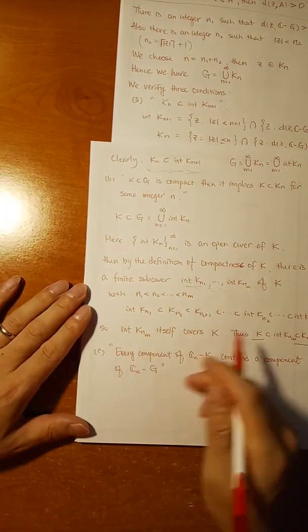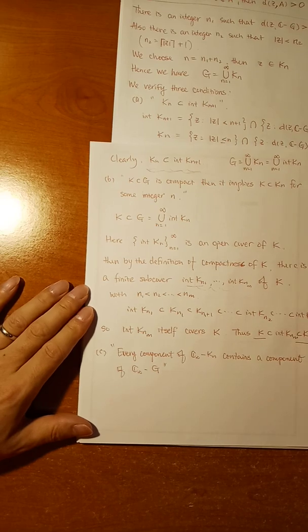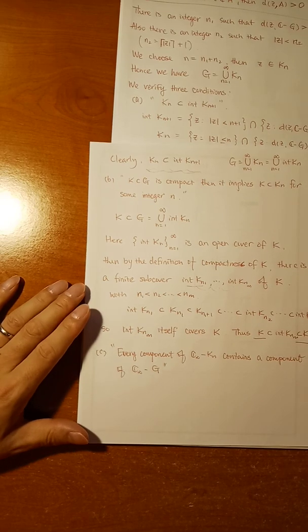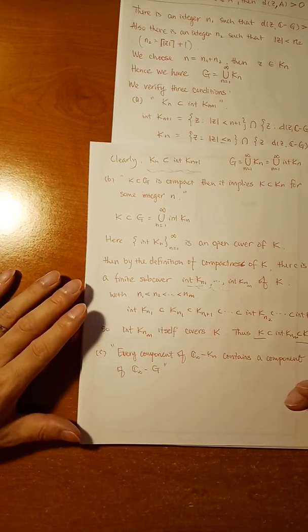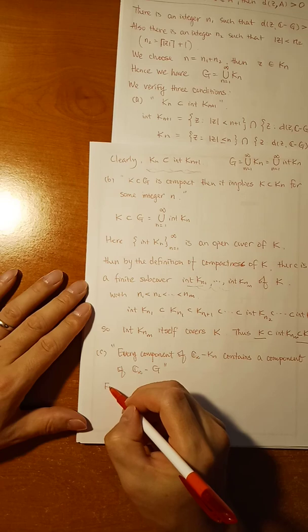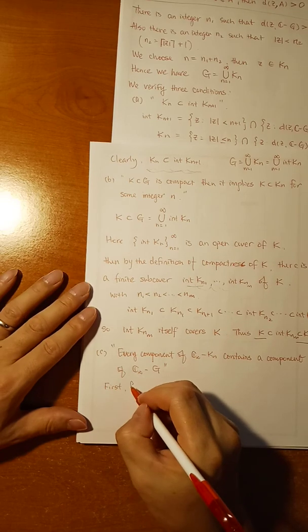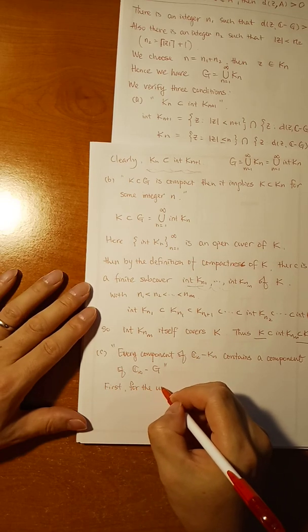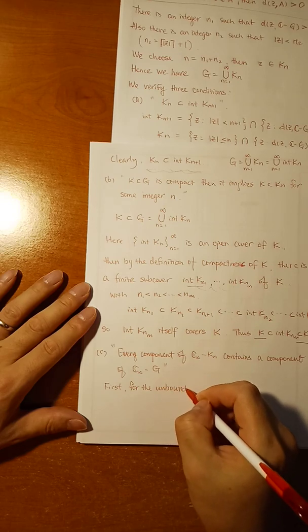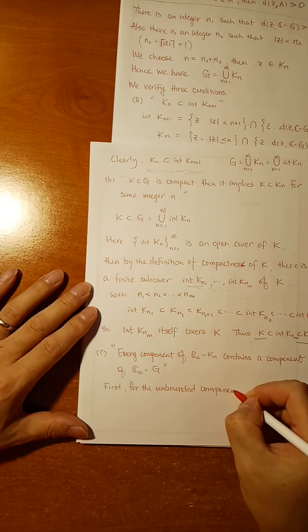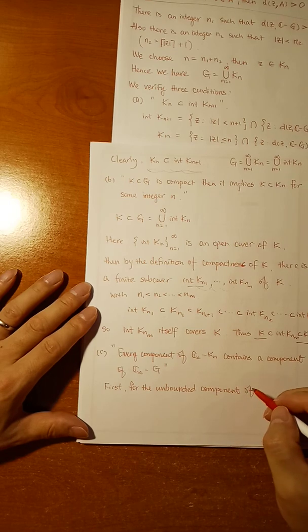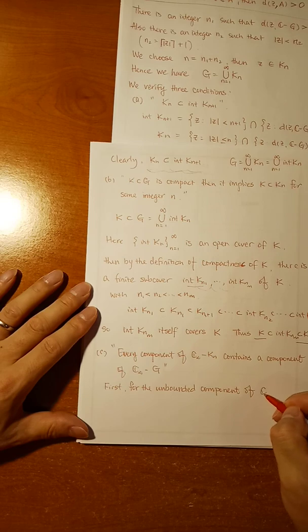We're going to show this condition. Component. There are two types of component. One is called a bounded component. One is the unbounded component. Okay. So first, for the unbounded component of C infinity minus Kn.